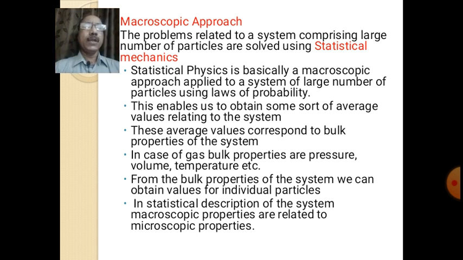By applying the laws of probability to the particles of a system where there are large number of particles, we get some sort of average value concerning the system related to its properties. These average values correspond to bulk properties of the system.